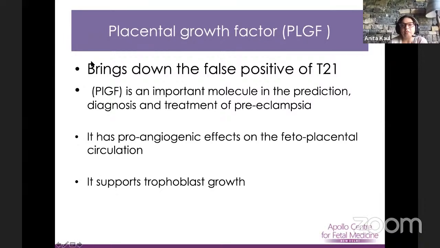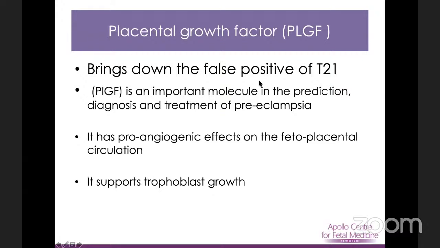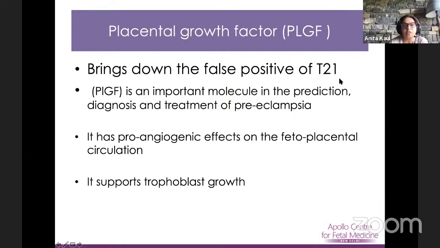So the PLGF originally came about to bring down the false positive rates of the T21 screening, but it is now increasingly being realized that it is a pro-angiogenic molecule. It supports trophoblastic growth, and it's a very good predictor for preeclampsia, to the point that the scientific community and FMF is looking to see that, if PLGF is so good, should we withdraw beta HCG as a measurement in the first trimester screen and just introduce PLGF?